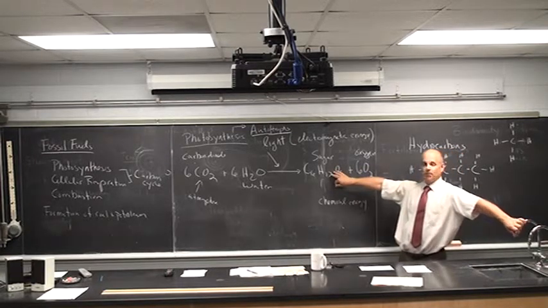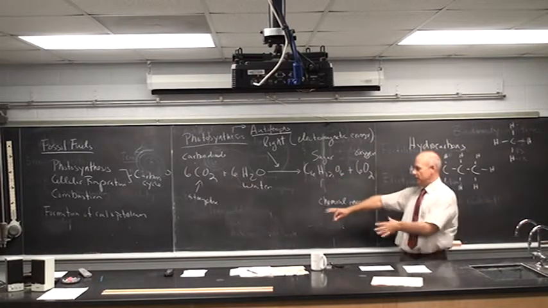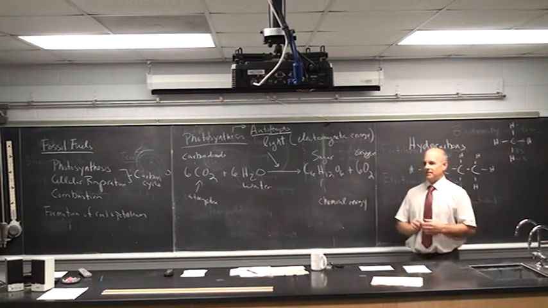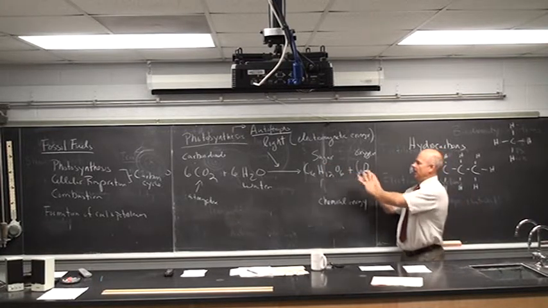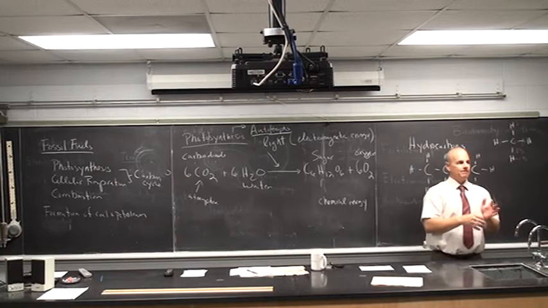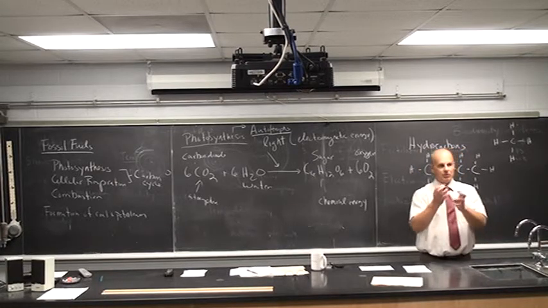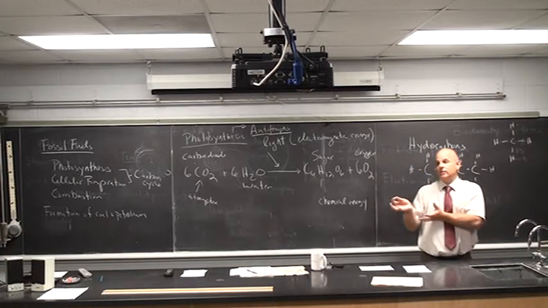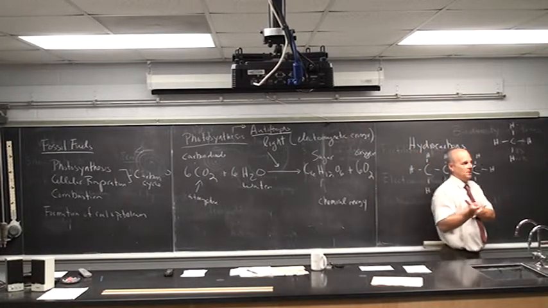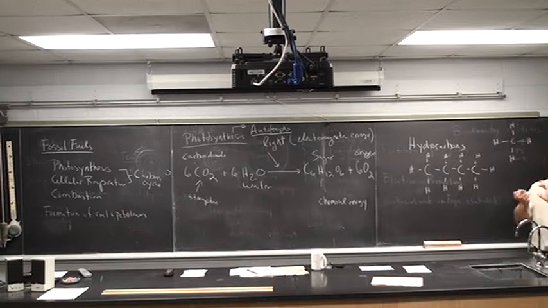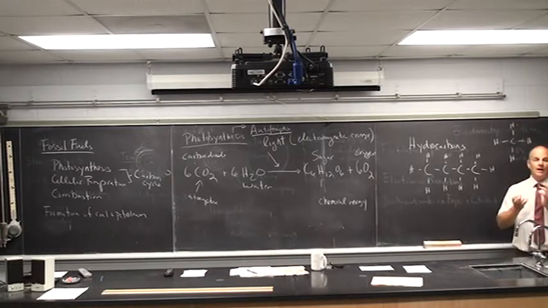Now, the plant has to use that sugar for its own energy. I'm going to talk about that process next. But the plant can use the sugar and add it with some nitrogen-containing compounds and make proteins, because all organisms need proteins. Or it can add some other chemicals and form nucleic acids, which it uses for its DNA.